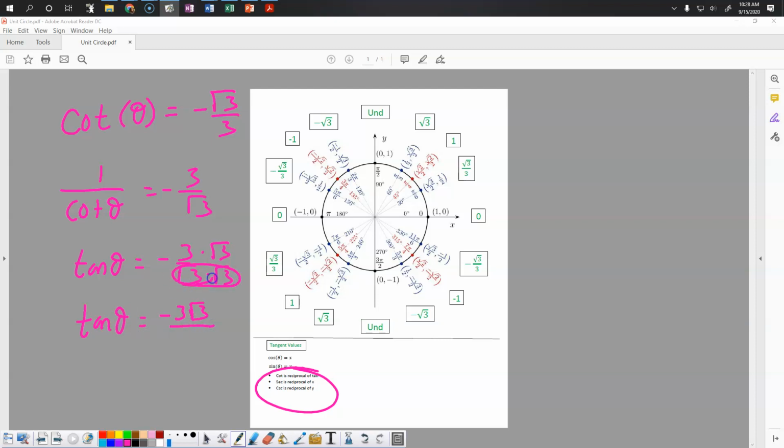Radical 3 times radical 3 is 3. The 3's cancel, and so here's what I'm left with. So we're looking for tangent values of negative radical 3. That would be here and here, and the angles that go with those are 5 pi over 3 and 2 pi over 3.